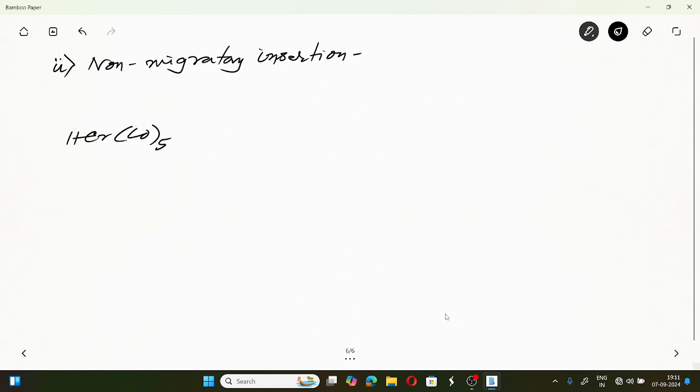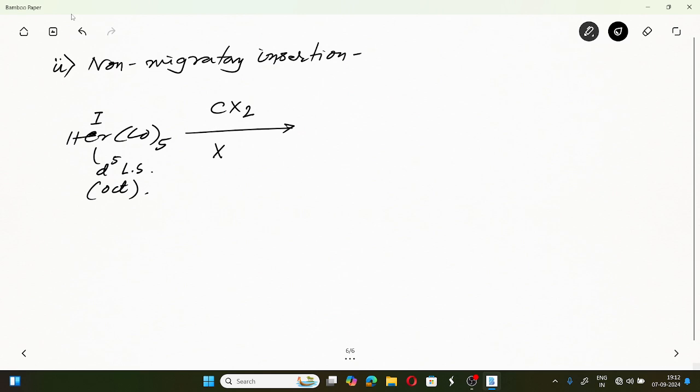HCrCO5, দেখো HCrCO5 এটা তো হাইড্রাইড, তার মানে ক্রোমিয়াম 1 হচ্ছে, তাই তো. ক্রোমিয়াম 1 মানে ক্রোমিয়াম কত 24, ক্রোমিয়াম 1 মানে হচ্ছে 23, 18 আর 5, d5 low spin system, and obviously it is octahedral, d5 low spin octahedral. So what will be the product if this is treated with CX2?